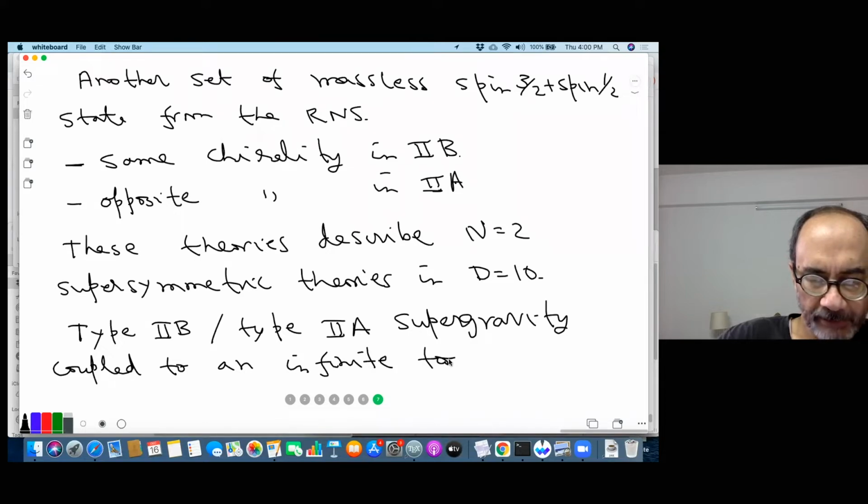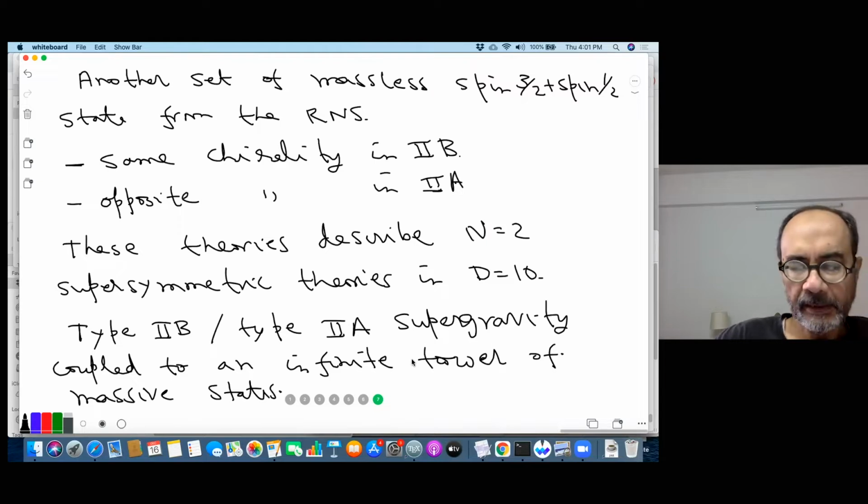Well, all string theories have this property that you have an infinite tower of massive states. But unlike type 2B and type 2A supergravity in 10 dimensions, these are string theories, and as a result there are no ultraviolet divergences.